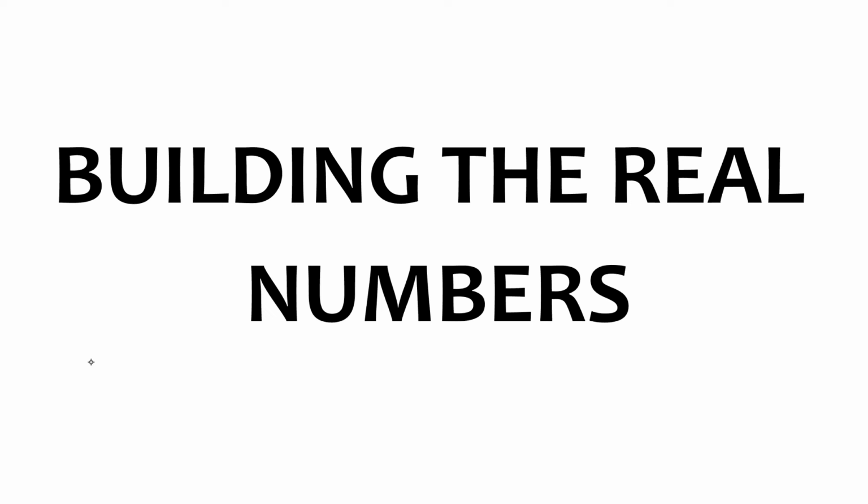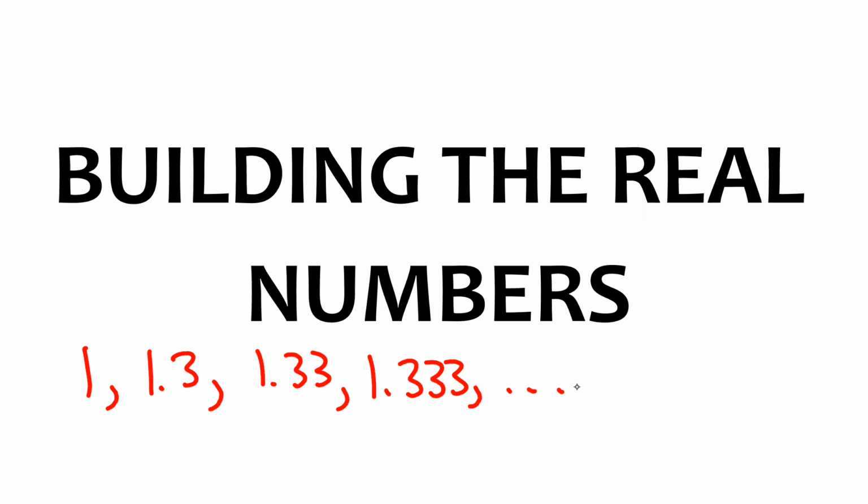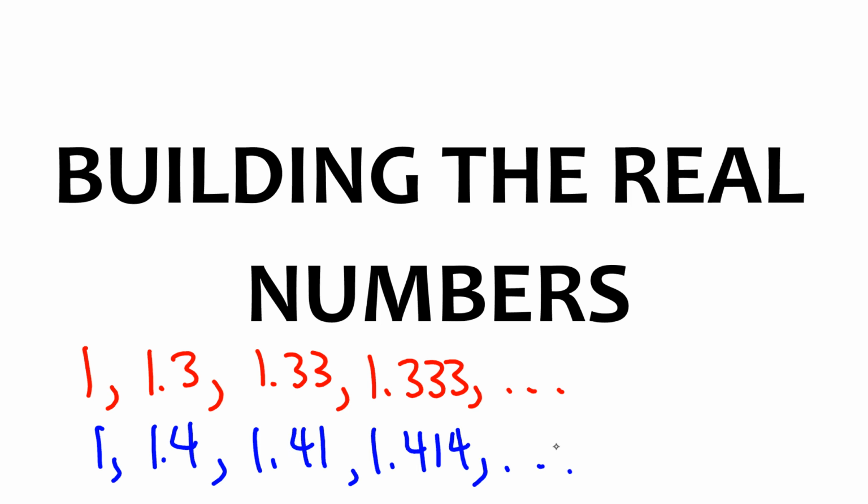Increasing sequence that converges to 4/3. This'll do it, right? And then an increasing infinite sequence that converges to the square root of 2, well, this'll converge to the square root of 2.